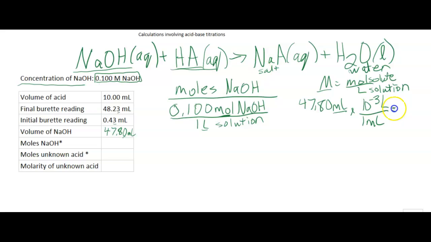So this is a good review of your conversions. That gives 0.04780 liters. So do make sure that you are reviewing this as we go along. So I have 0.04780 liters.